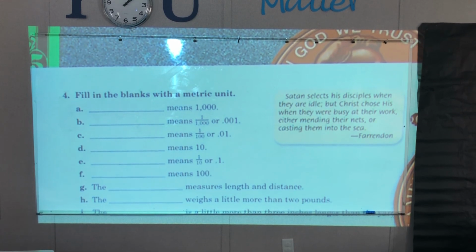What is the metric unit that means 1/100th? Centi, very good. And how about 10? Deca, very good. E says what means 1/10? Deci, very good. Remember that when it ends with an I, it's smaller than a whole. So centi, deci, milli, those are smaller than a whole or a fraction or decimal point.